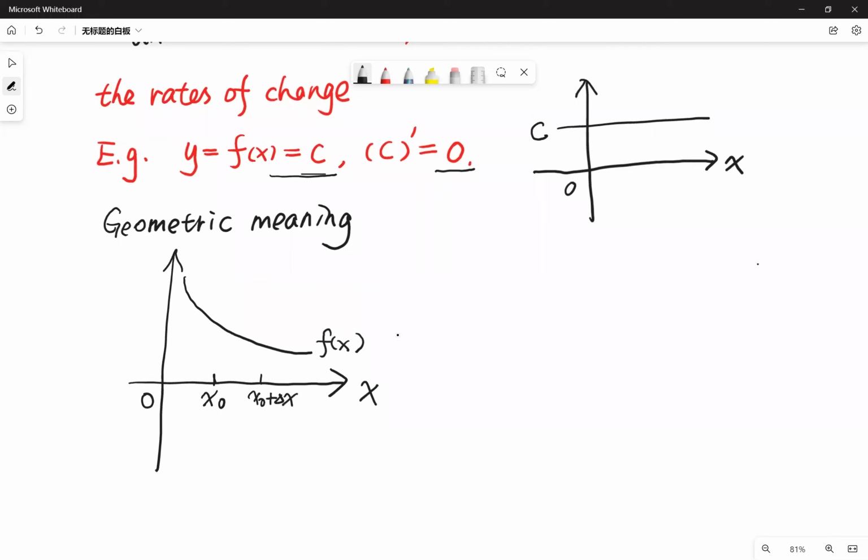For each point, we have the value of the function: y0 and y, that is f of x0, and this one, f of x1, which is f of x0 plus delta x.